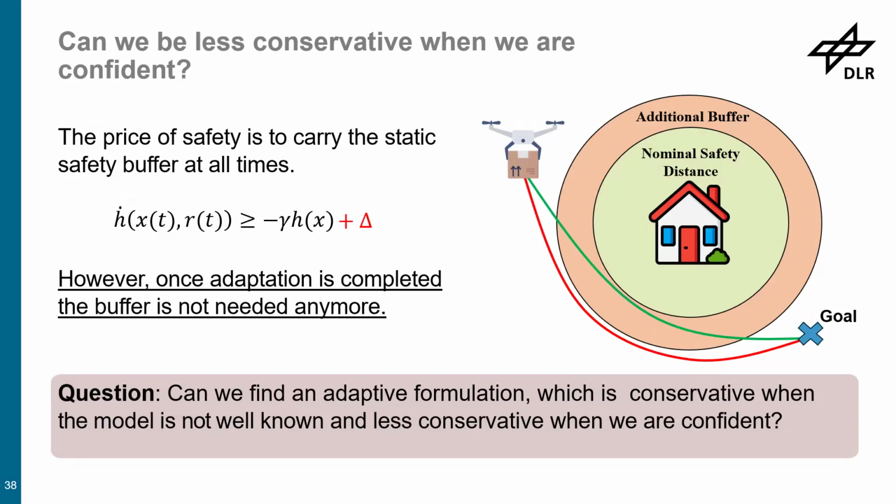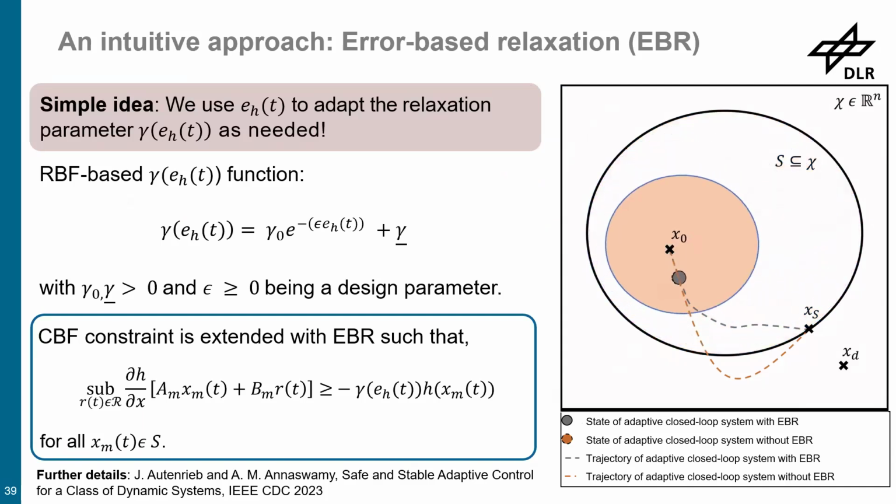And so we thought of an idea to make the safety buffer adaptive. One way, this was the first shot, right? It works, but it's more empirical, is to adjust the tuning parameter in the CBF.